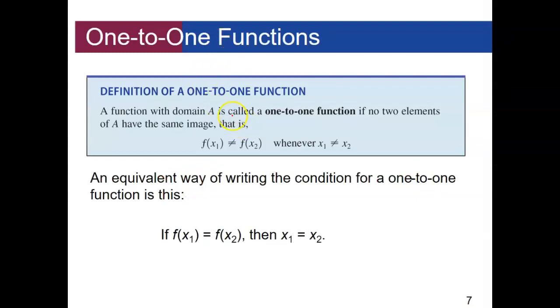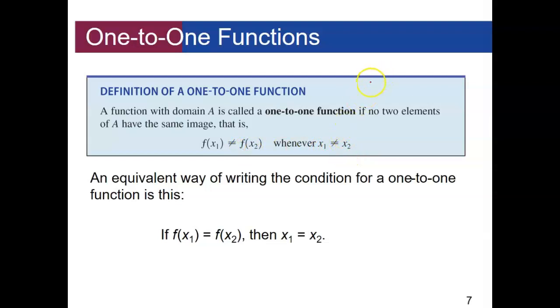Okay, a function with domain A is called a one-to-one function if no two elements of A have the same image. And that's what we saw with that diagram we just looked at. Basically, what we're saying is that if the two function values are different, then the original inputs also had to be different.